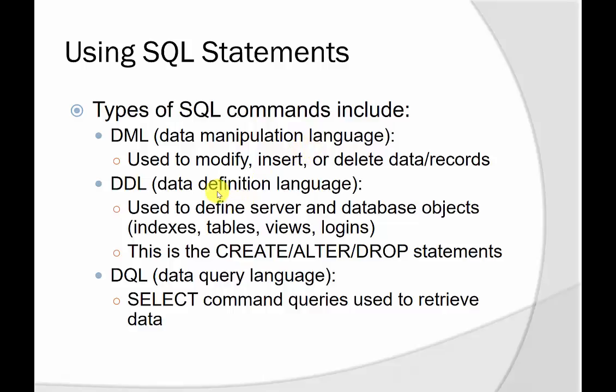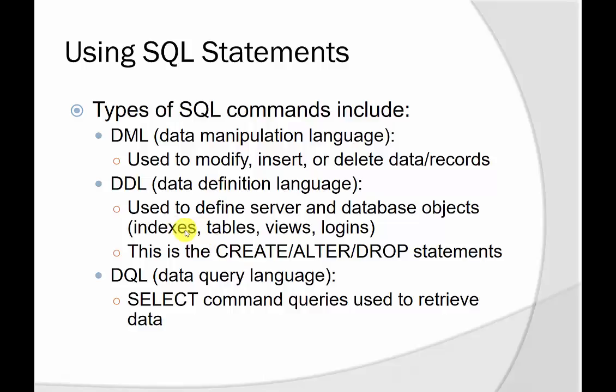There's DDL, data definition language. Most of these are your create commands, such as create database. Likewise, there's something called alter. So if you want to change an object, you have an alter command. And there's a drop command. If you want to drop an object that you've created, you can use the drop command.